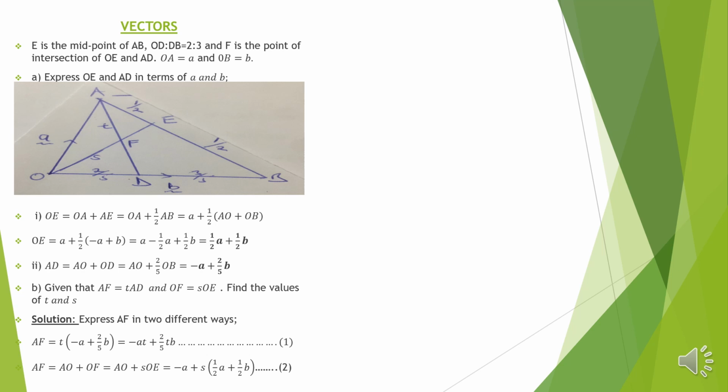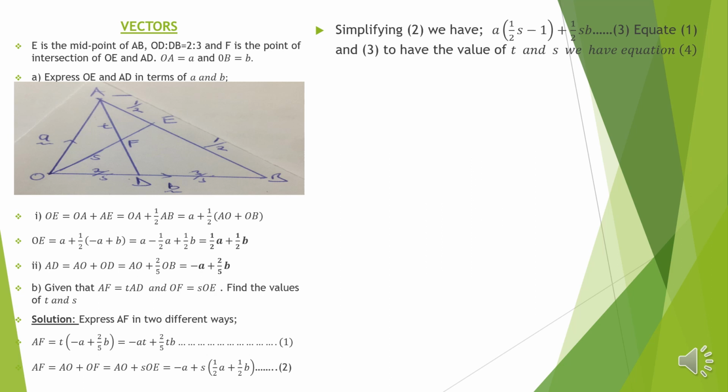And if we substitute the value of the vector OE from up there, this reduces to negative A plus S into bracket half A plus half B, which we refer to as equation 2. We can simplify equation 2 so that we end up with A into bracket a half S minus 1, close the bracket, plus a half SB. Remember, I'm putting the like terms in equation 2 to get equation 3.